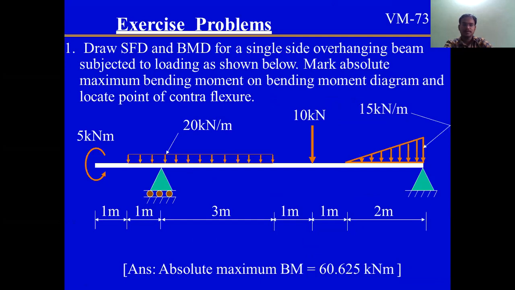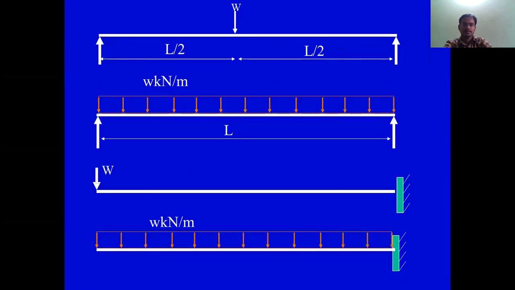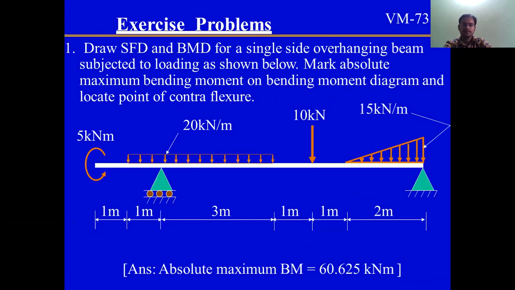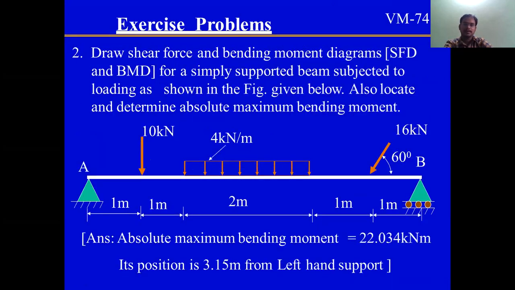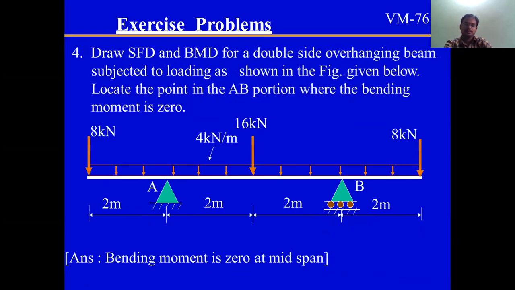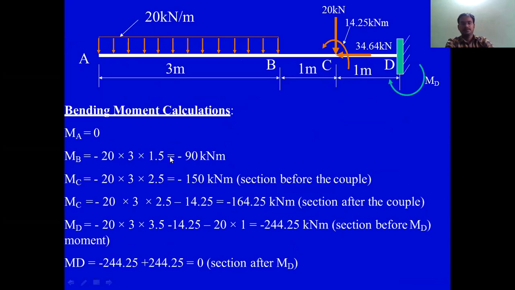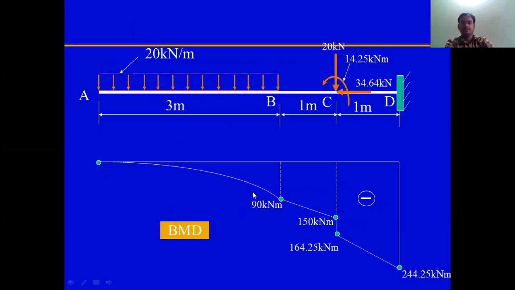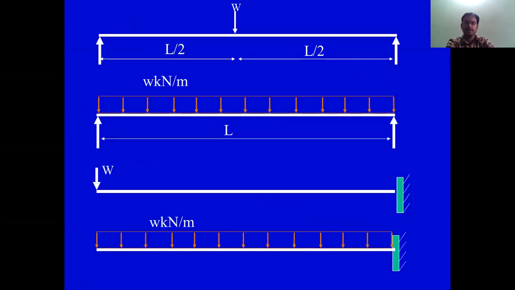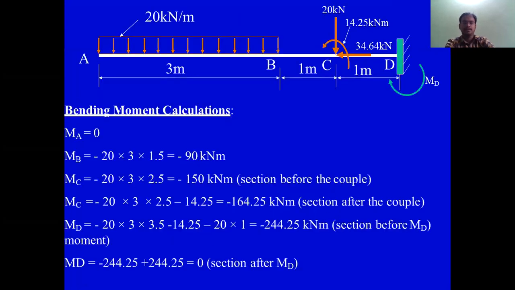These are simple problems. Next one. Some additional problems are also there, and we can solve them also. So this is how we find the shear force diagram and bending moment diagram. This is the shear force diagram, and this is the bending moment diagram. Both are negative only.